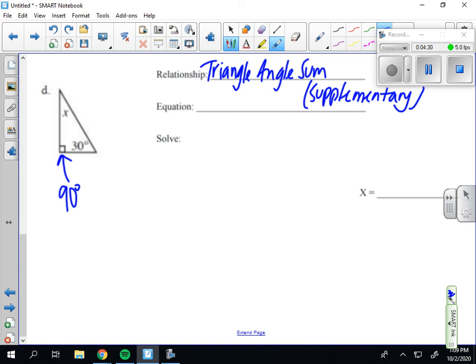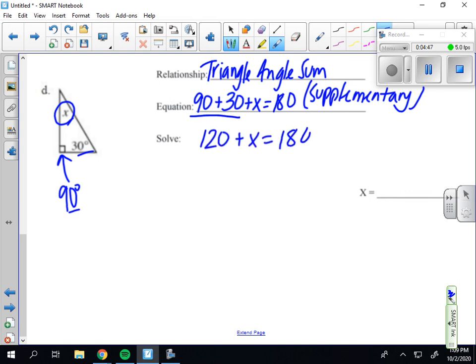So my equation is going to be 90 degrees plus 30 degrees plus x, because I don't know what this is, but I do know 90 and 30 and x have to equal 180. Combine 90 and 30, because they're numbers. Take away 120 from both sides, and x has to be 60 degrees.